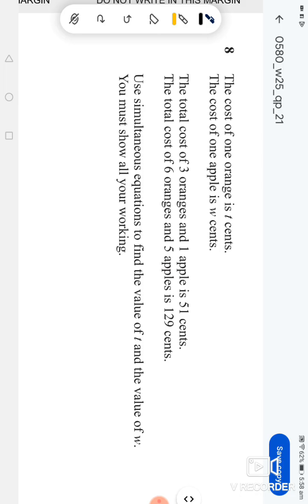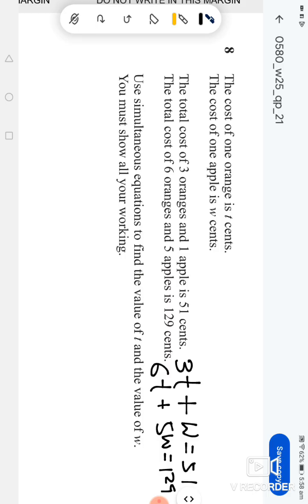So the first equation will be 3 oranges, so write 3T plus 1 apple, so write W equals 51. And this one is 6T plus 5 apples, 5W equals 129. So this is equation 1 and equation 2.